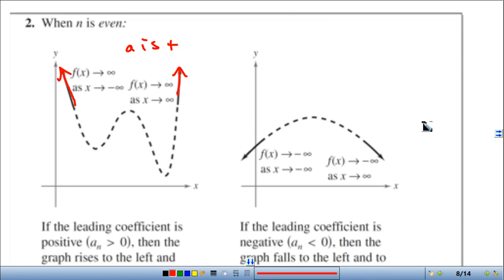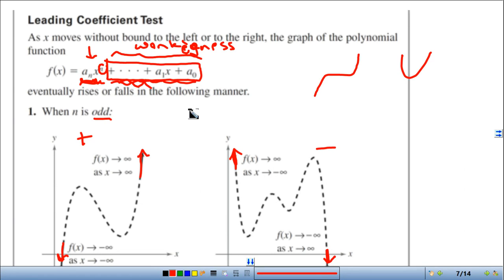Now, if a is negative, it's going to drop on the left and it's going to drop on the right. And again, all this wonkiness is added by the other stuff right here. This adds wonkiness.